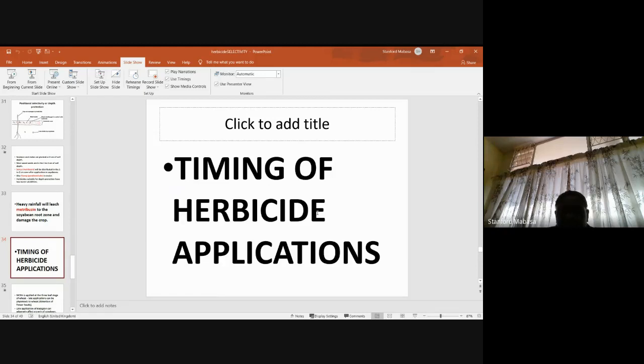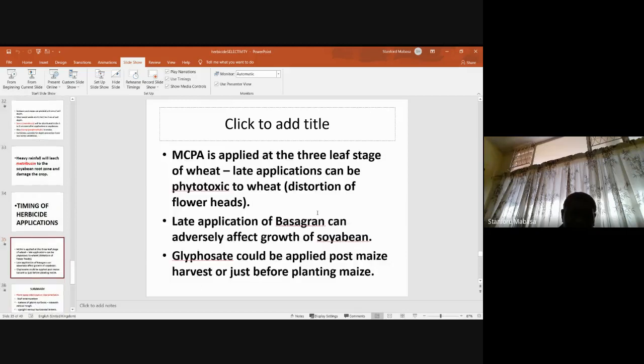Timing of herbicide applications can also bring about selectivity. We have 3 examples. With MCPA, there's a stage of the wheat where you can come in and spray MCPA.